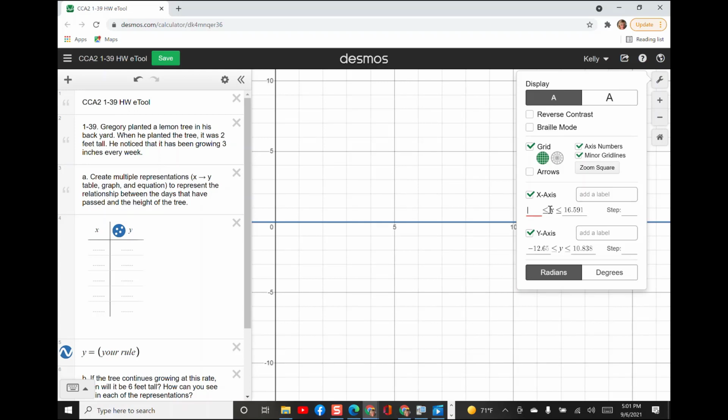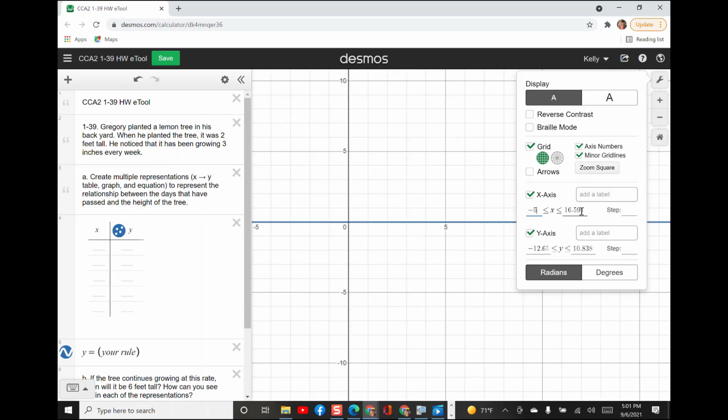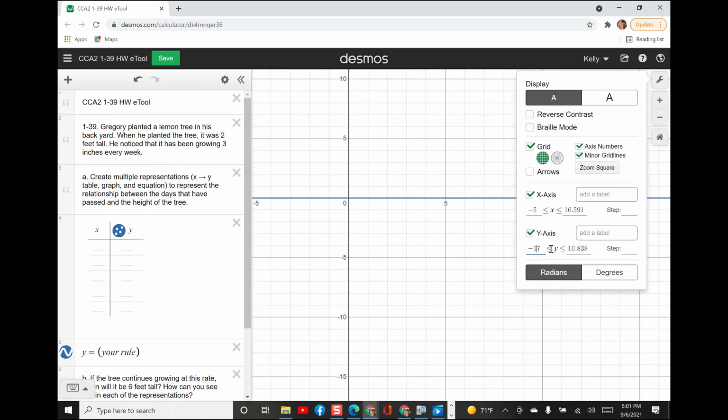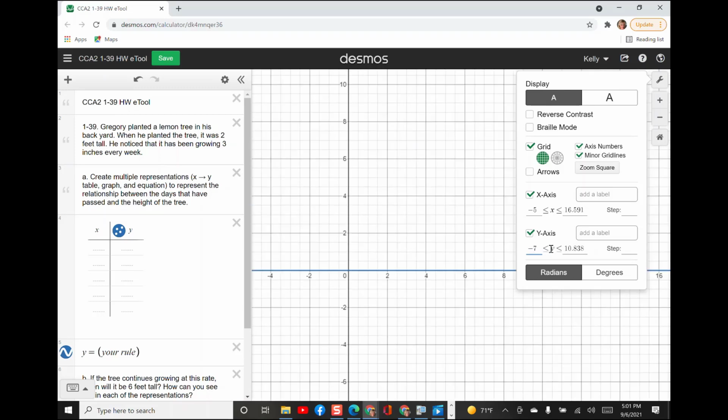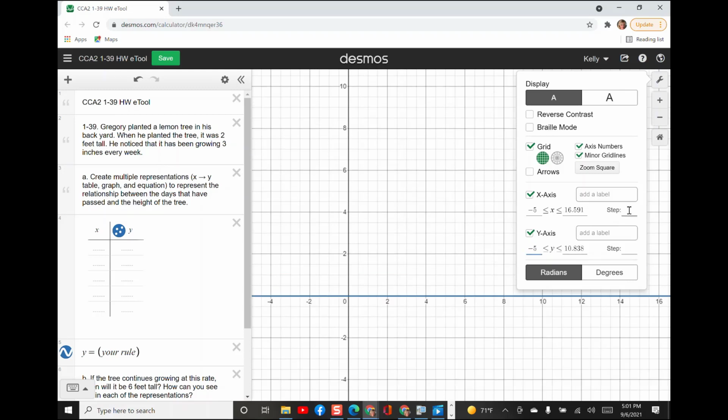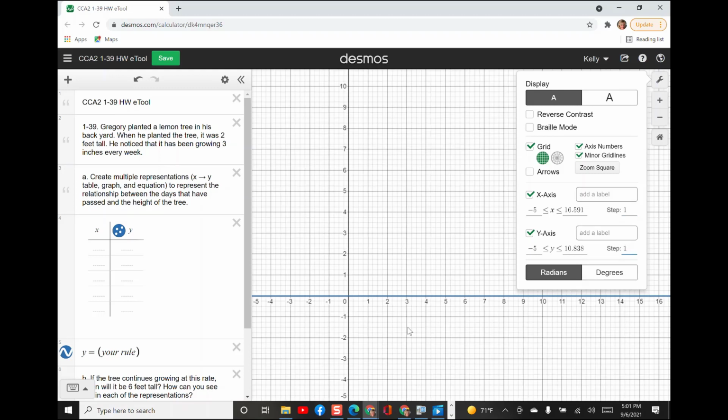So I'm going to come in here and I'm going to say -5. And I don't care what happens with the ending of the graph. It's more limiting the view at the start of the negative parts of the graph. So I like to set -5 here. Oops, I don't want a -5, just -5. And then I want steps of 1 for both, because I like it when it's easy to read.